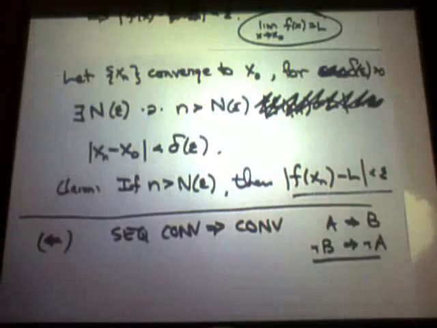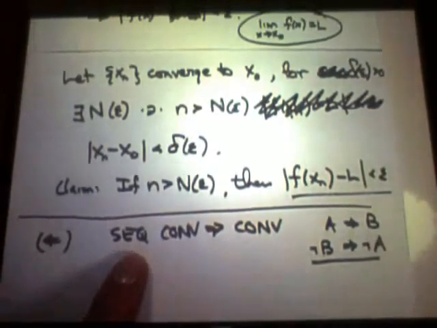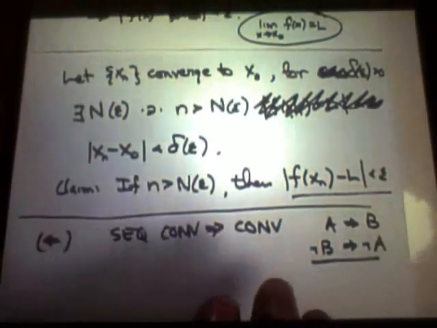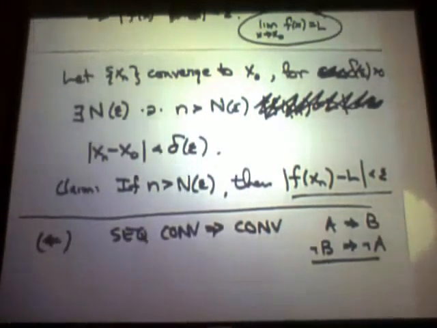Not sequentially convergent implies not convergent. No, this is the other direction. I thought we proved that. Okay, I think we can let that one rest. We have proved that convergence implies sequential convergence. We'd now like to prove the converse, that sequential convergence implies convergence.